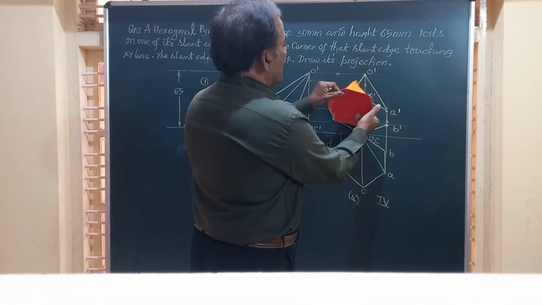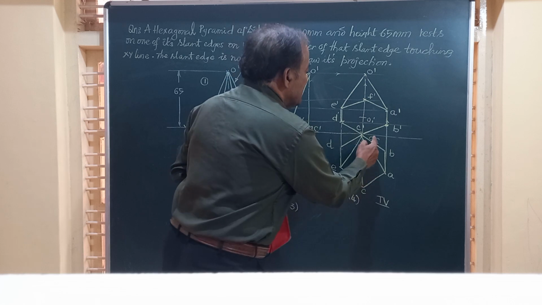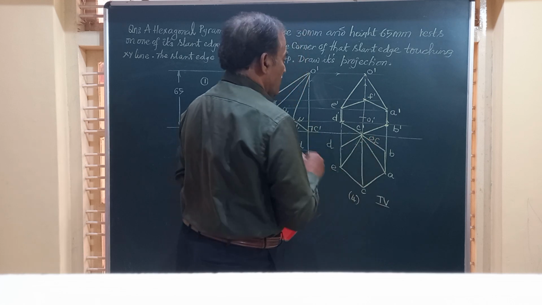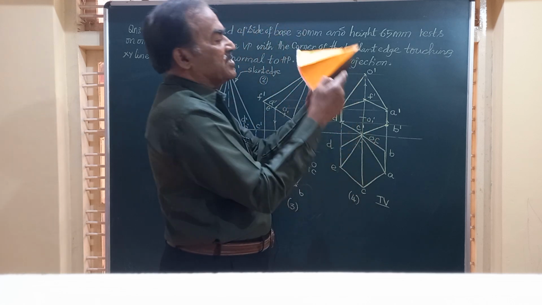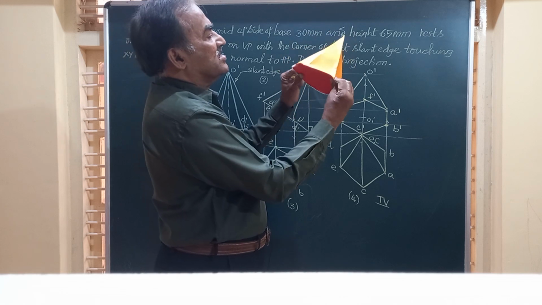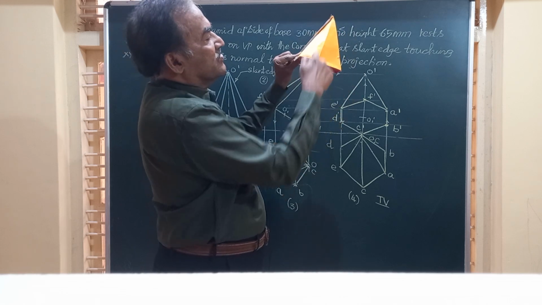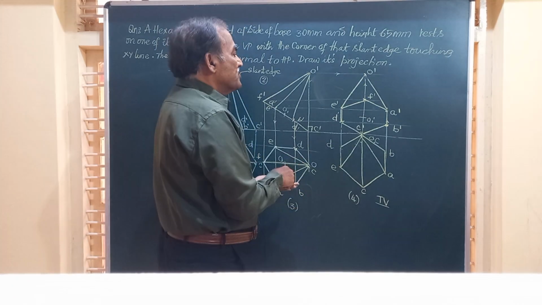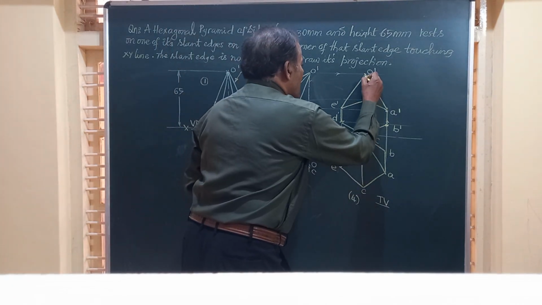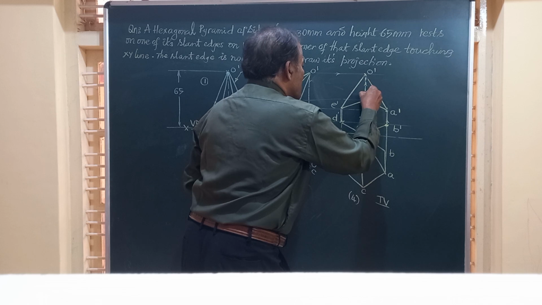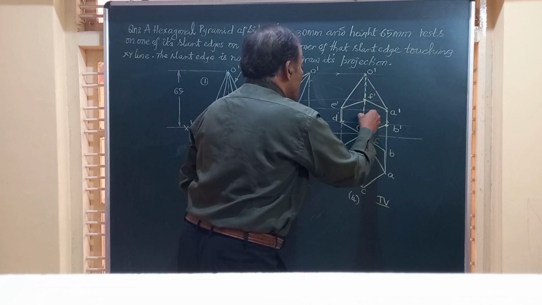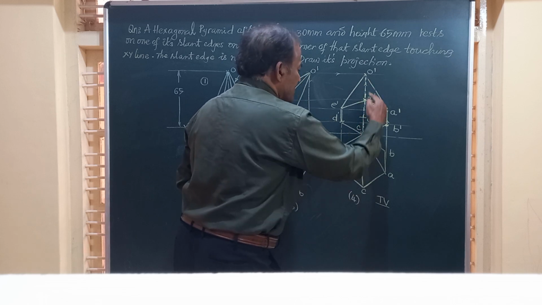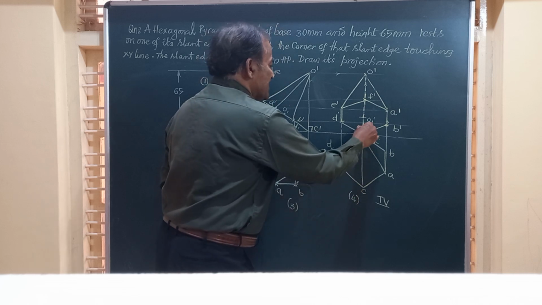That OC is on VP, and hence it is seen as a point in the top view. And this slant edge which is on VP is not visible to the observer, and hence I have to show this by a dotted line, that is the line O dash, C dash.